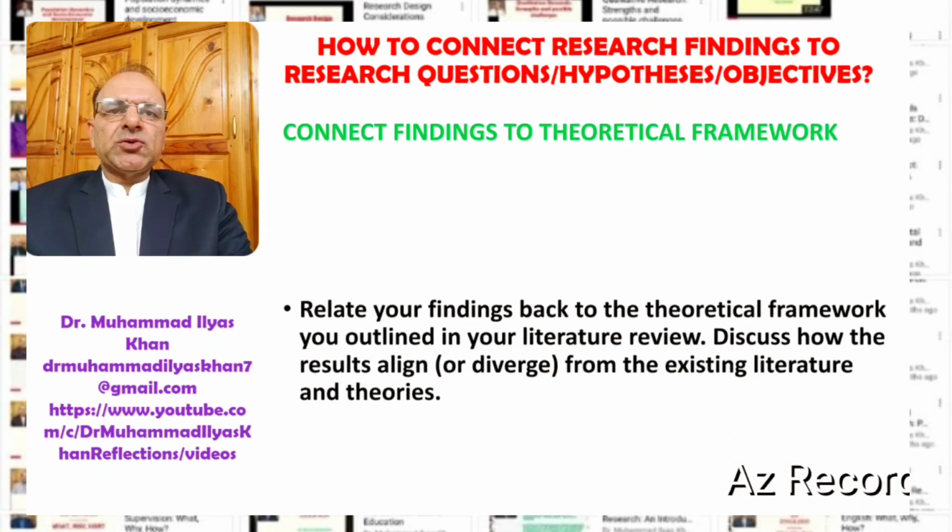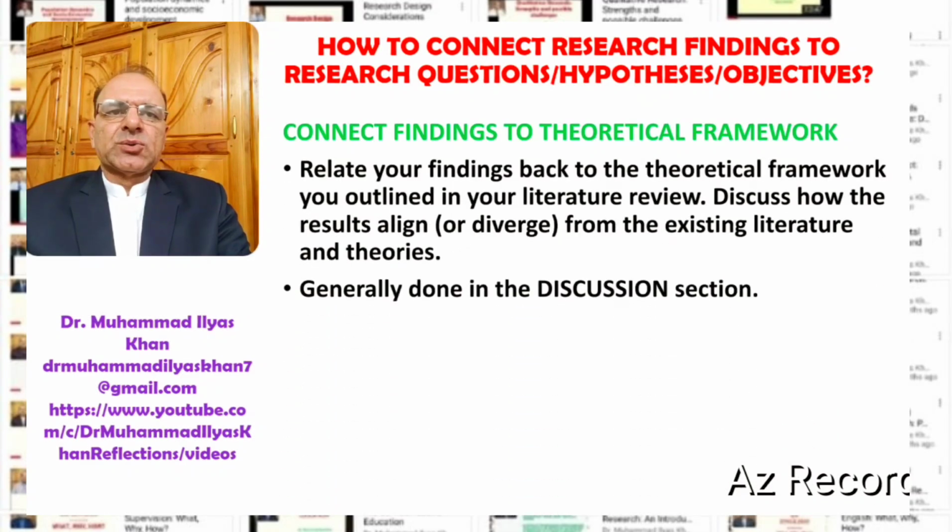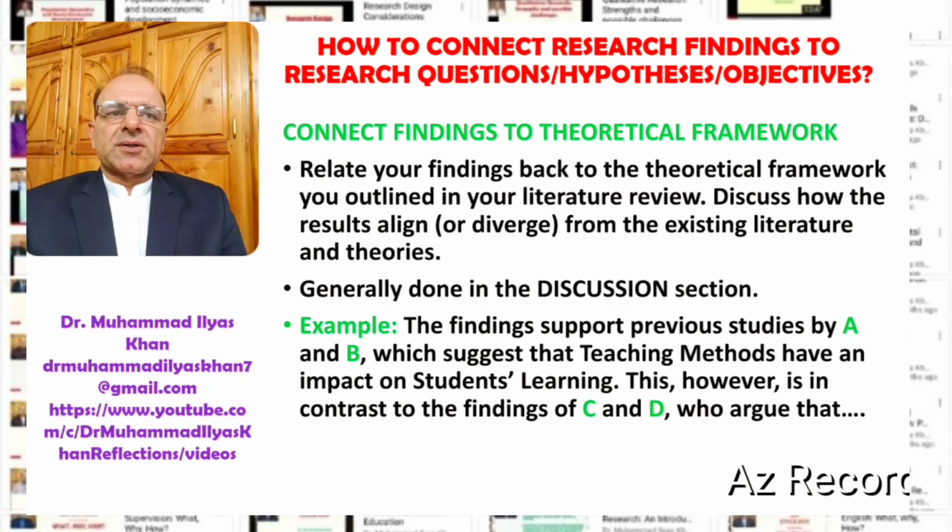Next, what we need to do is to connect our findings to the theoretical framework for our study. So every study is actually based on a certain theoretical framework, and that theoretical framework includes the main theories that we have reviewed and included as a result of our literature review.